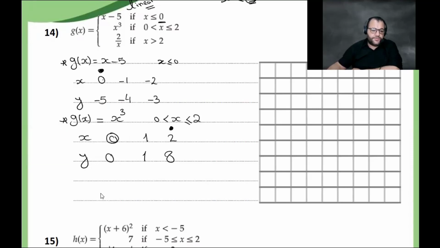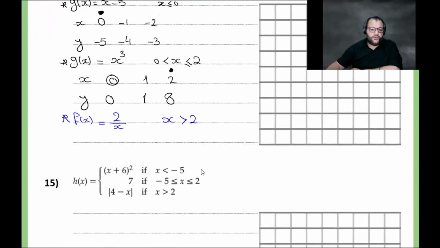After that, the third one, f of x equals 2 over x. That's the reciprocal function, where x is greater than 2. Then we need to complete the table, that's x and y. So for the first one, x is greater than 2, so I have to start from 2, and 2 will be open, then 3, then 4.